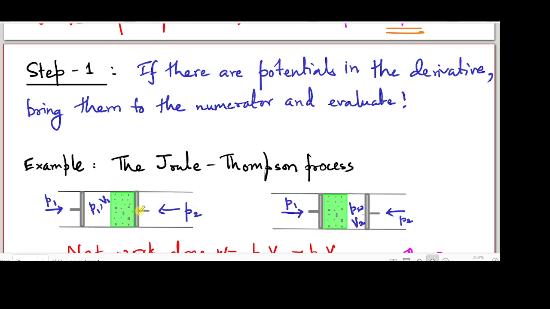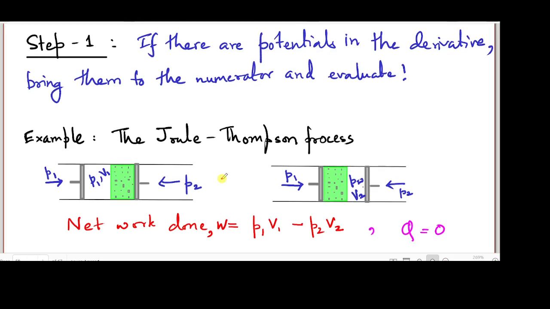But the gas, in pushing back this piston, has actually done positive work on the piston, which means negative work has been done on it. And how much work has been done here? P2 times the change in volume on this side, which is of course P2 V2. So net work done on the gas, W, is P1 V1 minus P2 V2.